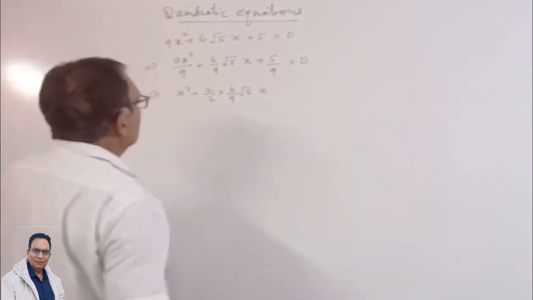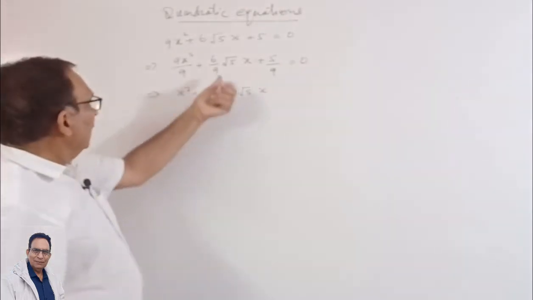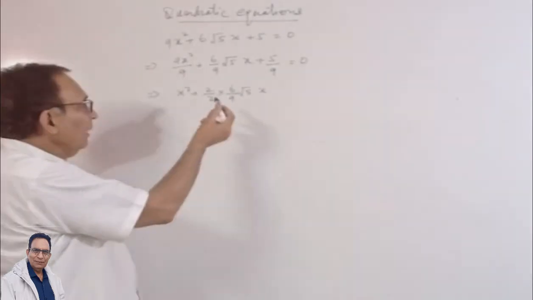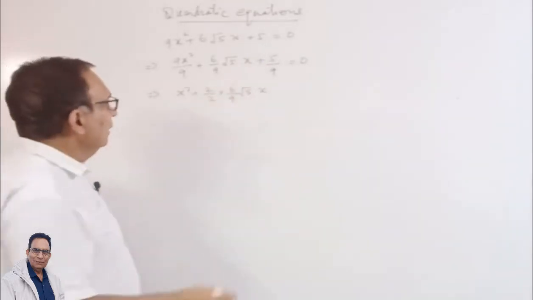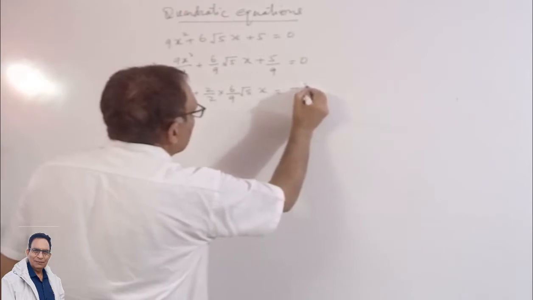So there, 2 over 2 I am writing, so as I can get 2 on top, and then rest of it I am writing as such. Again explaining, 2 cancel, you will be getting the original value which is written here. Taking 5 over 9 to other side, it becomes minus 5 over 9.